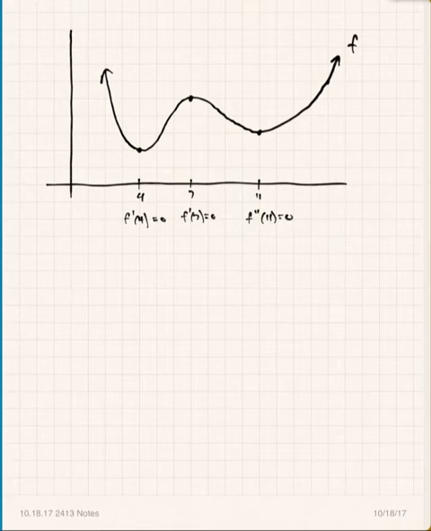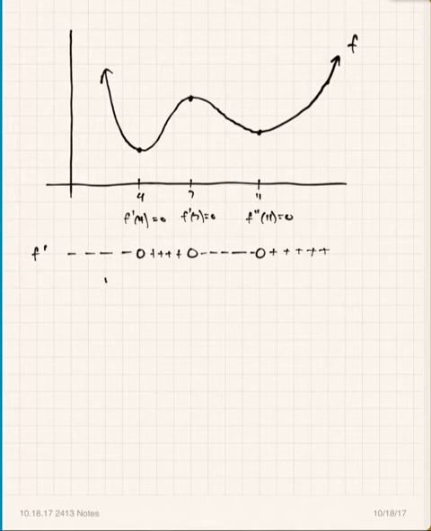The function goes from falling, so its derivative is going to be negative until you get to 4. It's 0 at 4, and then the derivative is going to be positive after that until you get to 7, and then it's going to be 0 again. And then the graph starts to fall. The derivative is going to be negative until you get to 11, 0 again, and then finally positive afterwards.